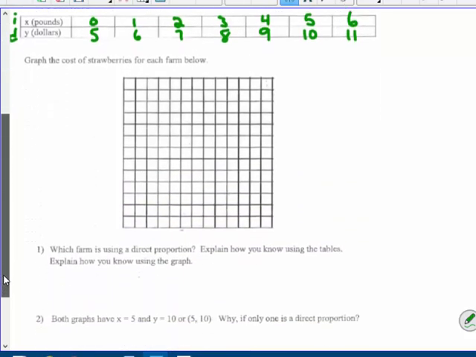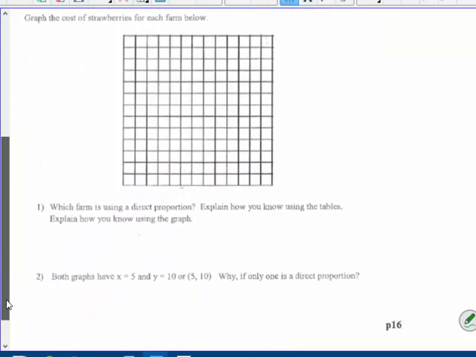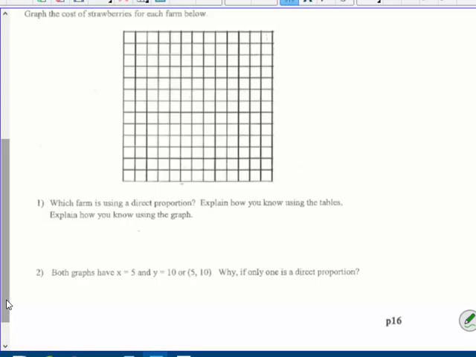Graph the cost of strawberries for each farm below. Okay, I'm going to put pounds on the x-axis because that's the independent variable. And I want to use the majority of my graph paper, so I'm going to count every 2 units over. 5, and yes, it will fit. So pounds is my x-axis, right?